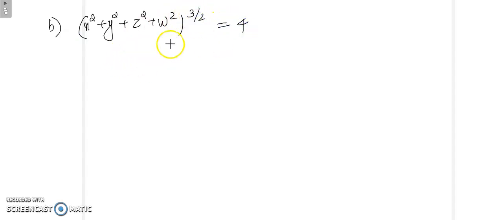So let us look at one more problem of finding implicit differentiation. So consider the function x squared plus y squared plus z squared plus w squared, whole raised to 3 by 2, equal to 4. So call it again equation 1.